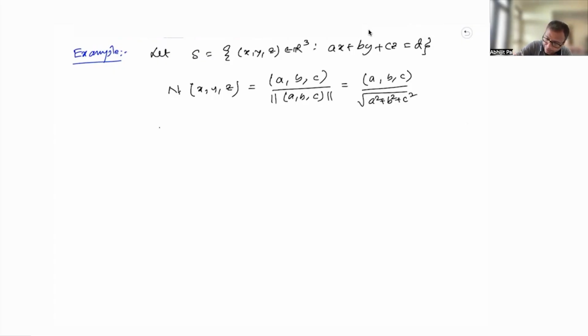So this N is a map from this S to S2. Here this N is a constant map. Okay, so therefore dN at XYZ is equal to the zero map.